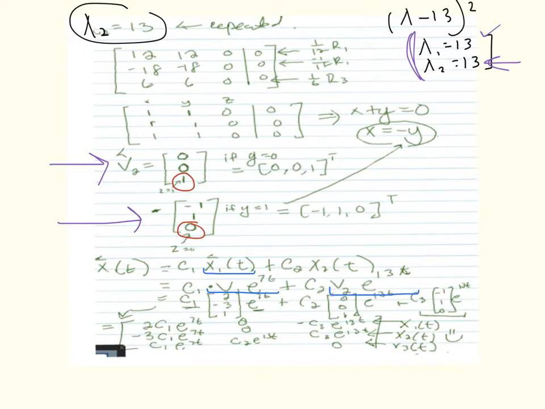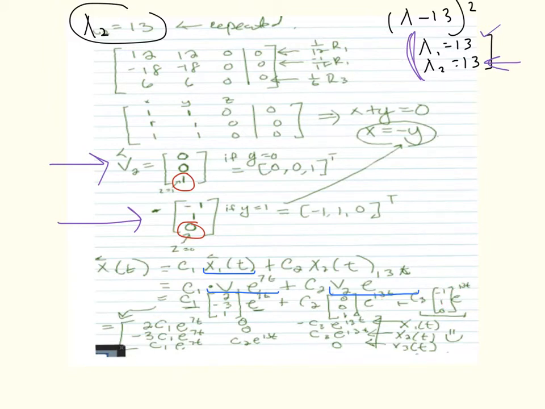And we just substitute our eigenvectors. This was the one we obtained from lambda 1 equals 7 from the very first page. Then here's our first eigenvector associated with our 13, and here is the other one. I have our 13 here and our 13 here.